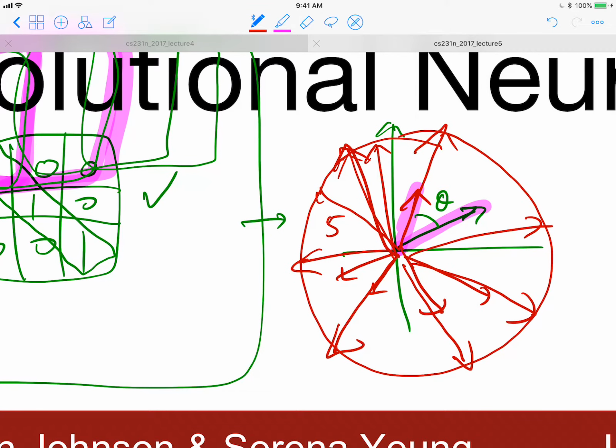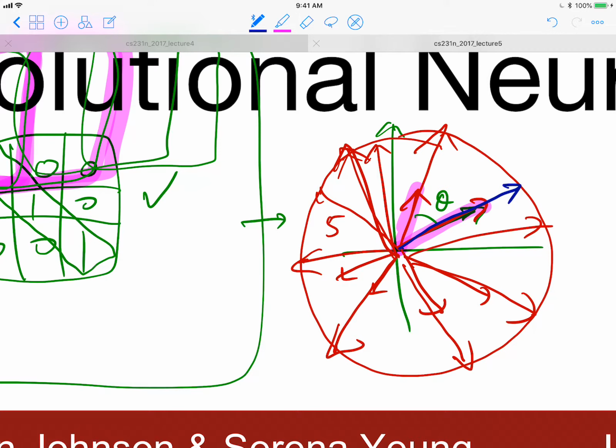Now inner product similarity ends up being really similar to cosine similarity. In order to have the maximum possible similarity value, the angle should be minimized, right? So given this vector represented as our filter, when do we have the maximum inner product similarity? It will have the same direction.